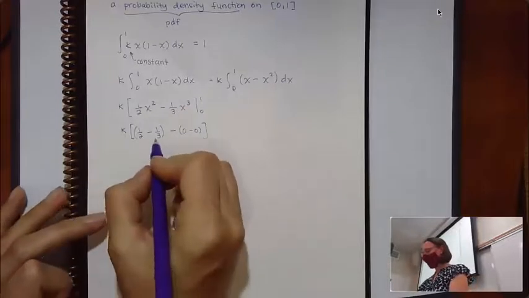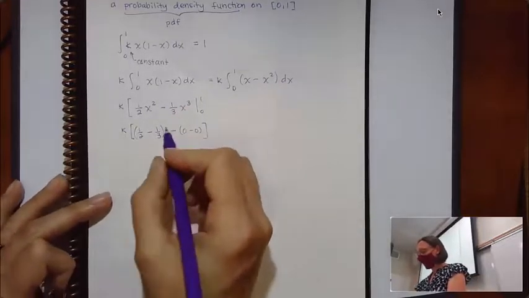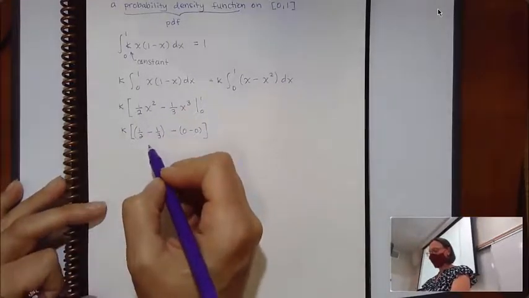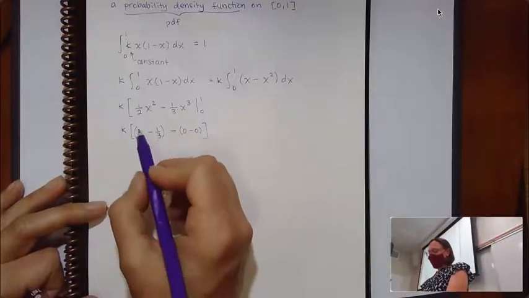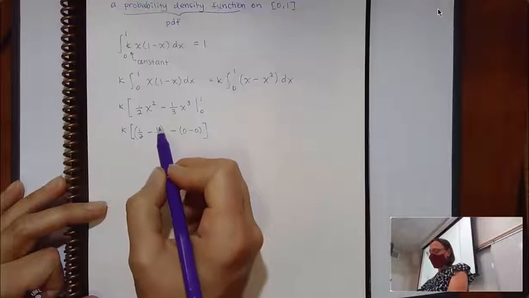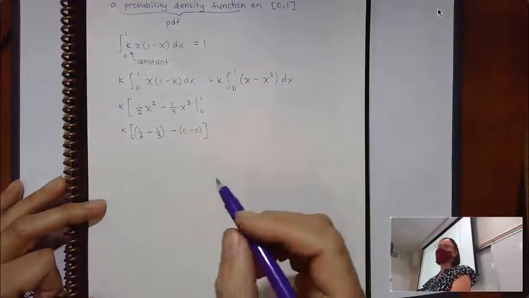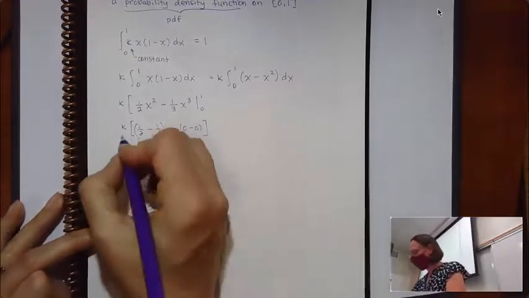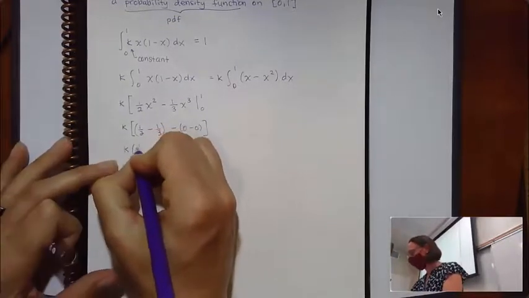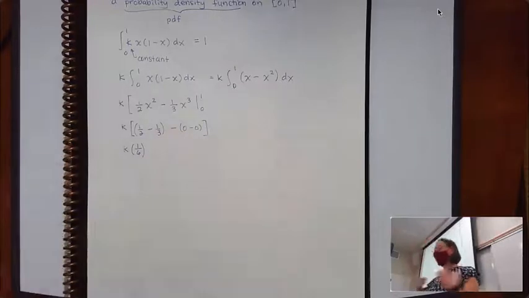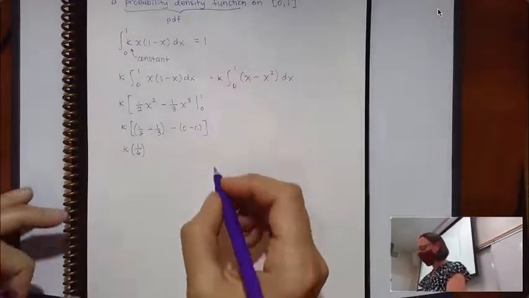So now 1/2 minus 1/3, I get a common denominator of 6. That would be 3/6 minus 2/6. So I think I get 1/6. And I am looking at K times 1/6. And the whole point was that we needed this thing to be equal to 1.